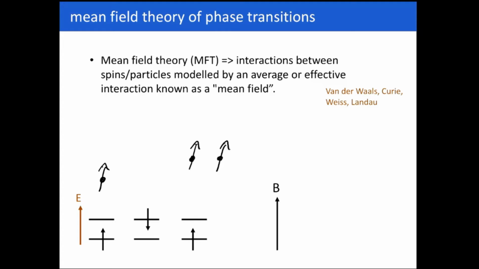If the other sites are such that the moment is aligned, then this particular site in the lattice will feel a mean field.